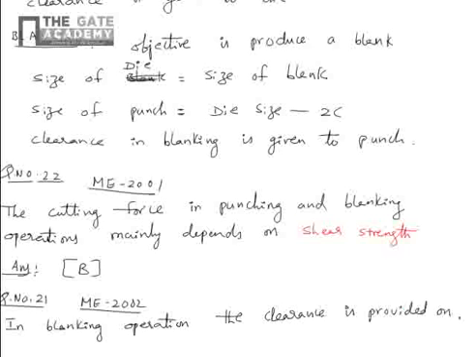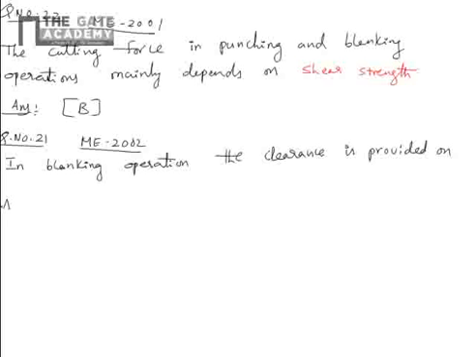As we have discussed, in blanking we provide clearance on the punch. The options are A, die, B, both punch and die, C, the punch, D, neither the punch nor the die. So the answer is C, provided on the punch.